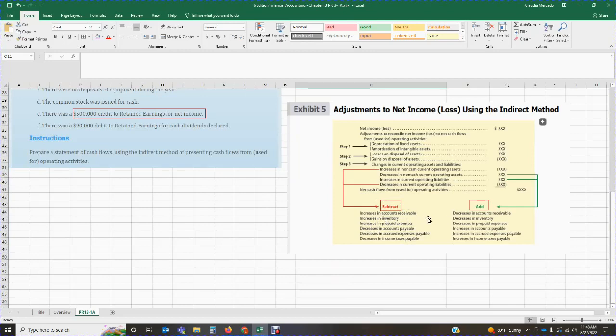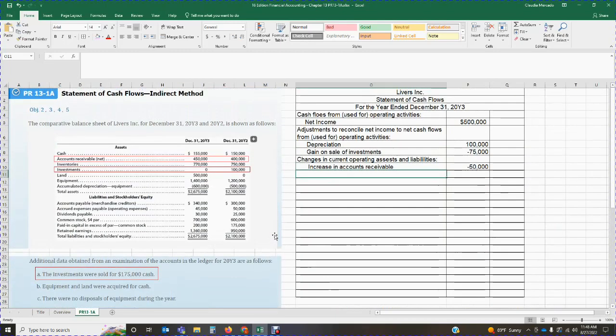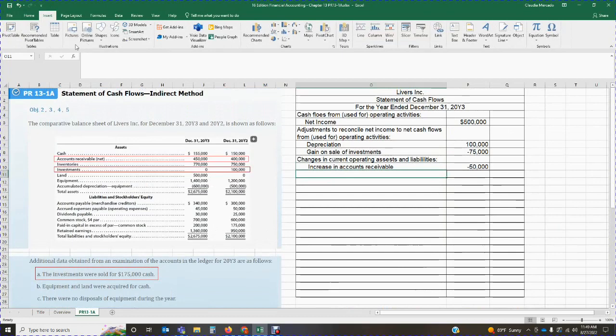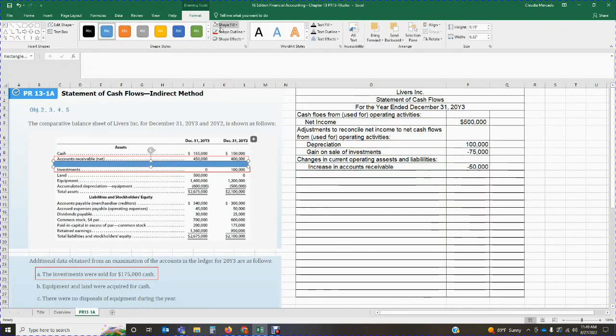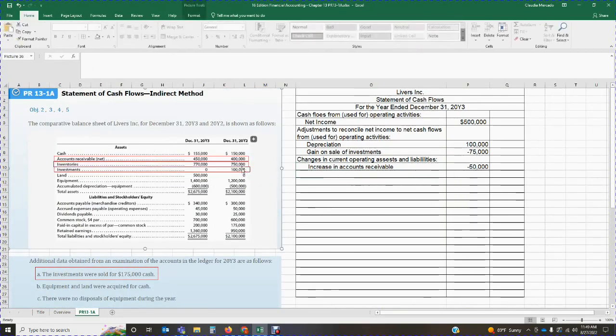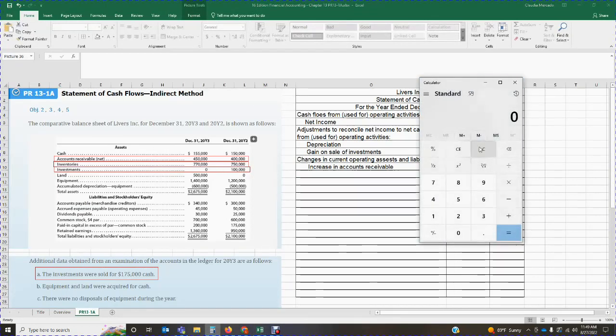Now we're going to look at the next section. It deals with inventory. Let's look at our inventory account. We have inventory right there. Last year we had 750. Now we have 770. So we have 770 this year and we had 750 last year.